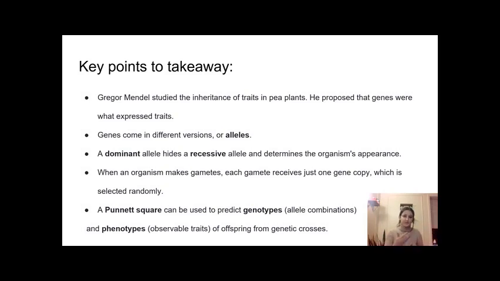Gametes are sex cells like sperm and egg. So we give 1 to our egg, they give 1 to the sperm, they combine, and they have 2 now, just like we do. Lastly, a Punnett square can be used to predict genotypes, all the different allele combinations, and phenotypes, the observable traits of offspring from genetic crosses, what we could possibly look like. So that is the gist of everything.